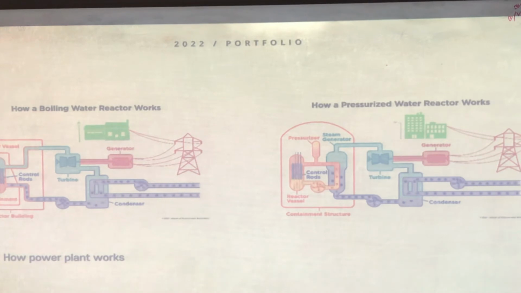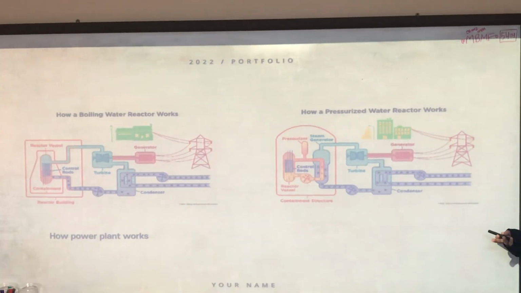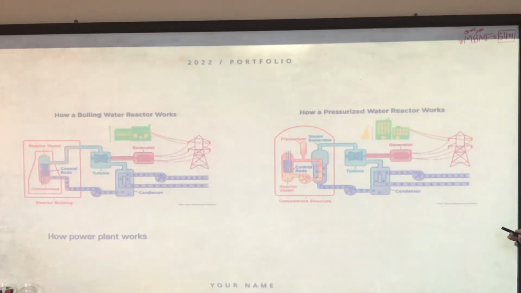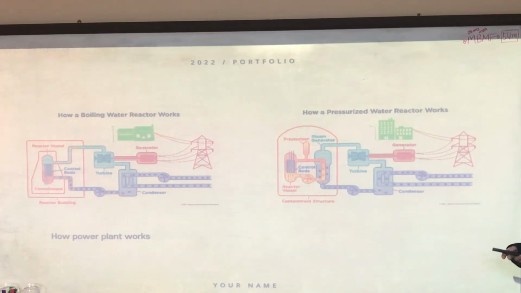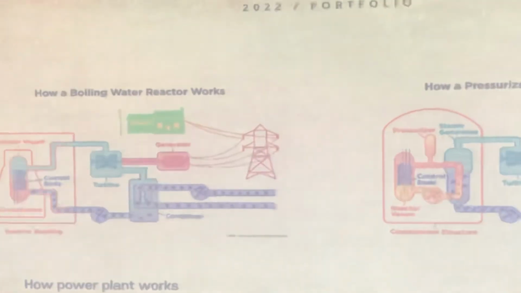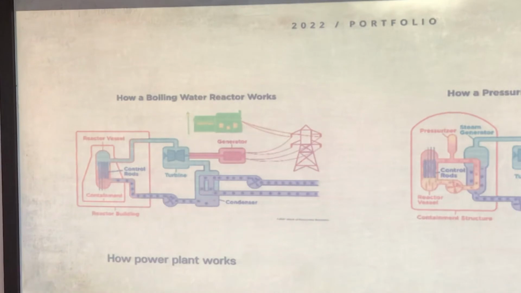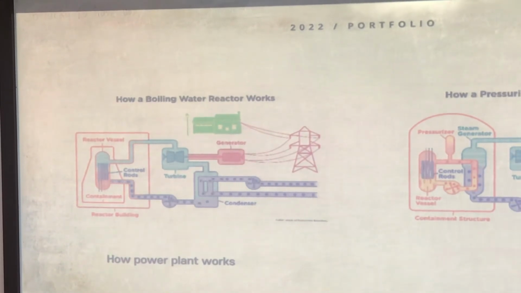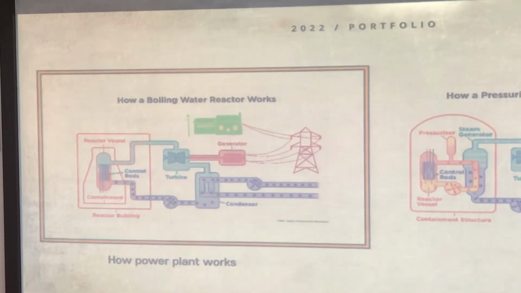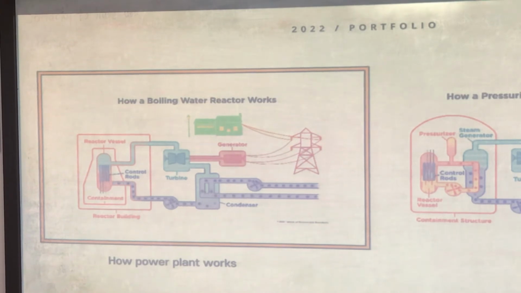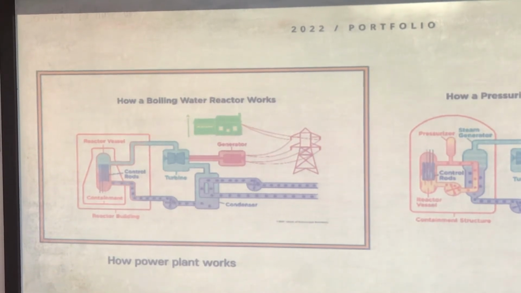As you can see, there are two kinds of nuclear reactors, which are the boiling water reactor and the pressurized water reactor. Boiling water reactors are widely used, and now I'm going to tell you how it works.